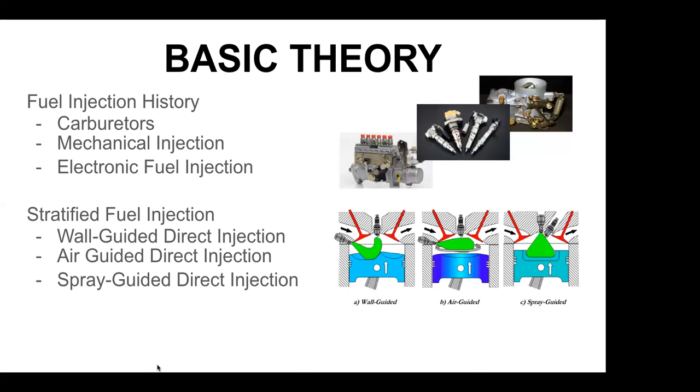The wall-guided was first introduced by Mitsubishi with their 4G93 GDI engine.